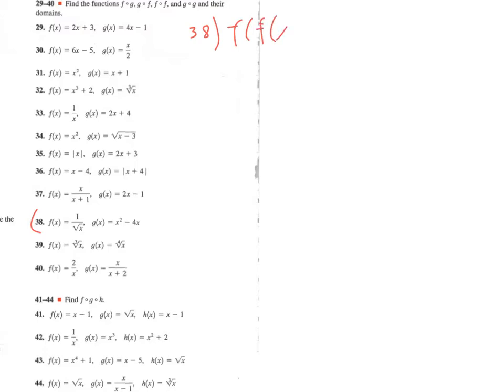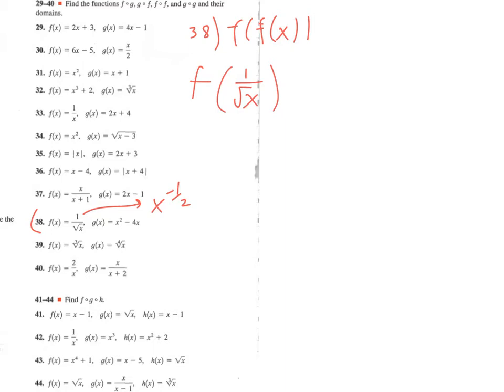All right, next up, we're going to do f of f of x. So this one would be f of 1 over rad x. And so then I'd have to plug that back in. Okay, I'm thinking right now that I can think of a better way to do this. I would actually define f of x as x to the power of negative 1/2. I think that that's just an easier way to do this.